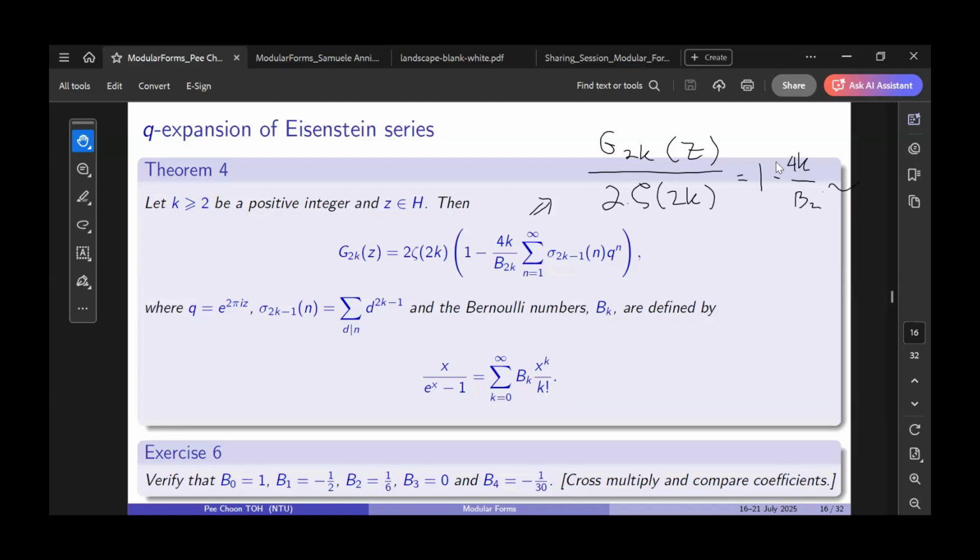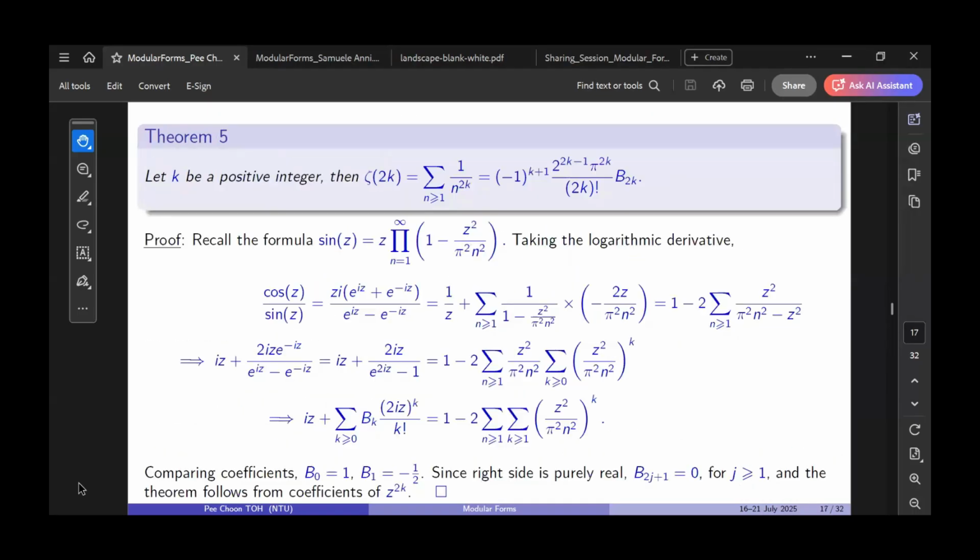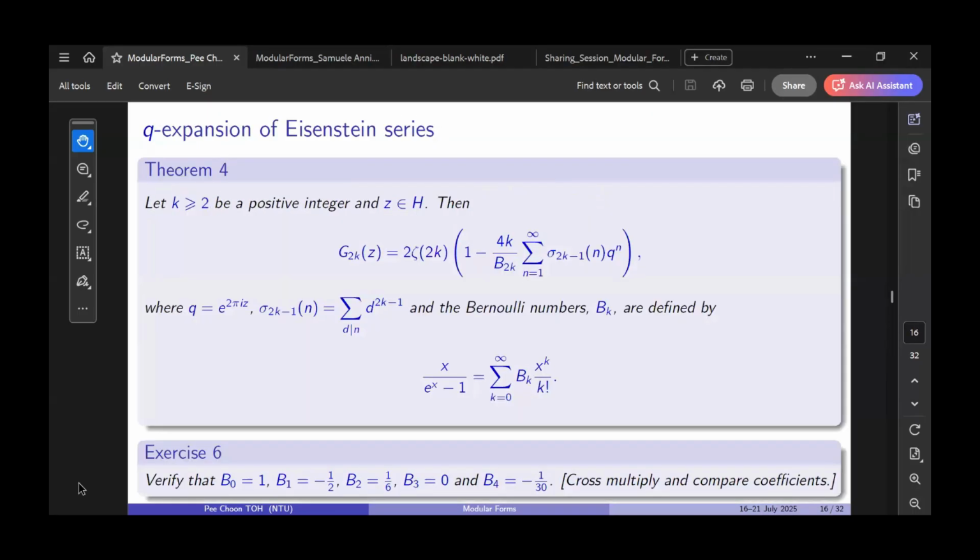Something like this. So that's basically what we are trying to do. We define the normalized Eisenstein series as this, only the one.